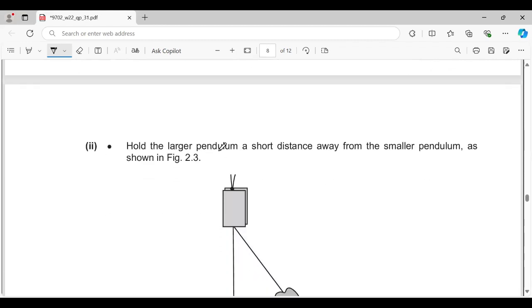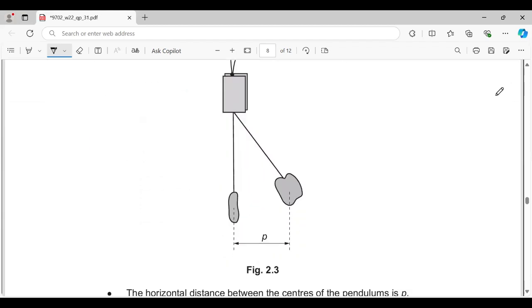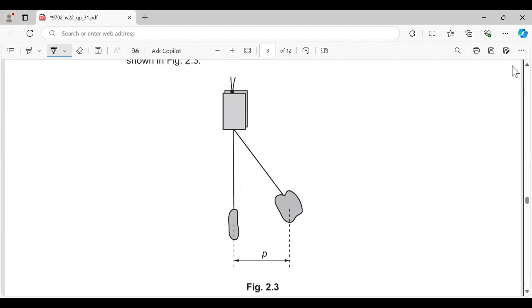Hold the larger pendulum a short distance away from the smaller pendulum, as shown in figure 2.2. So when you create this experiment, set it like this: the smaller pendulum, and this is the bigger pendulum.